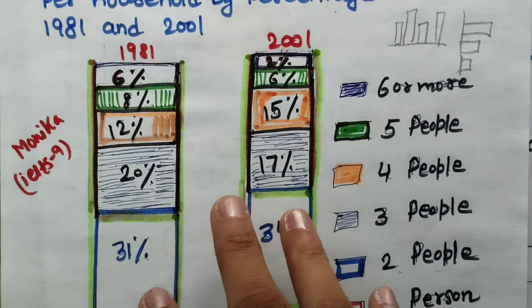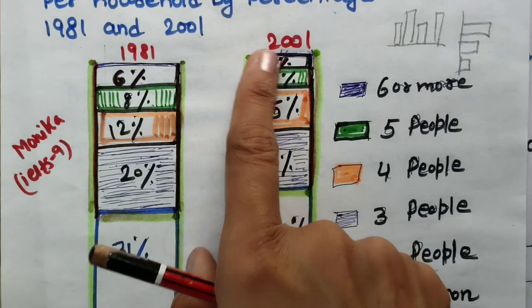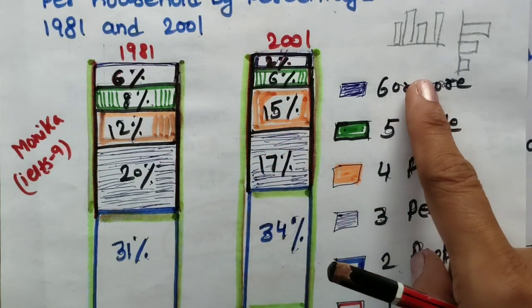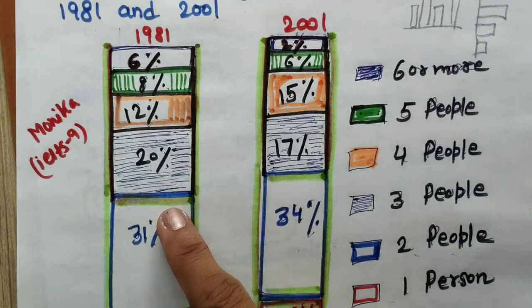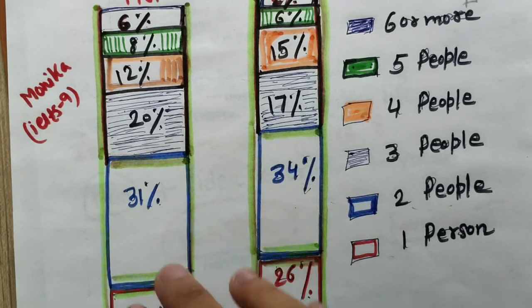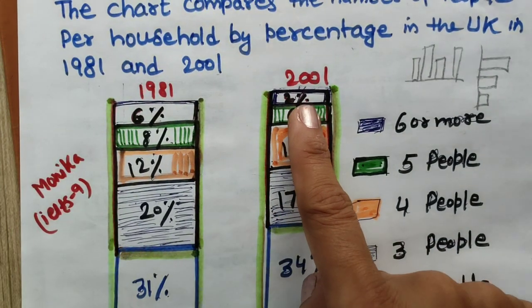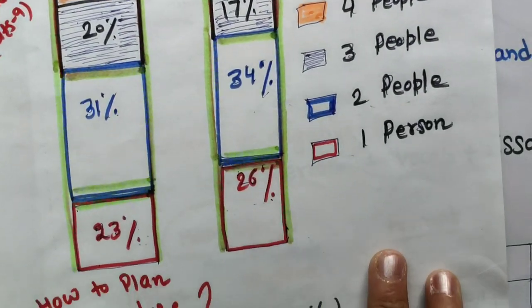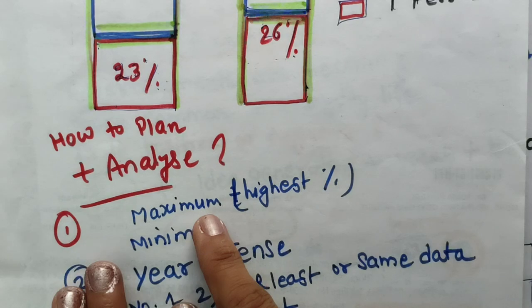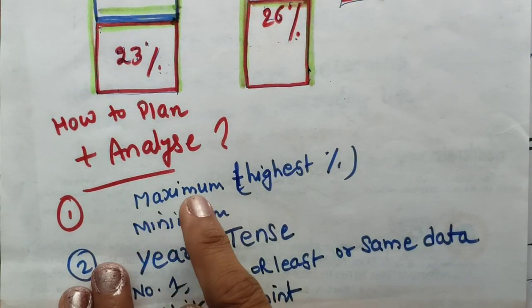Always read the task 1, see the years, means tense you will come to know, see the categories, see which one is the highest or number 1 position, 2 position, and the least position. Within first 5 minutes always analyze the task 1.